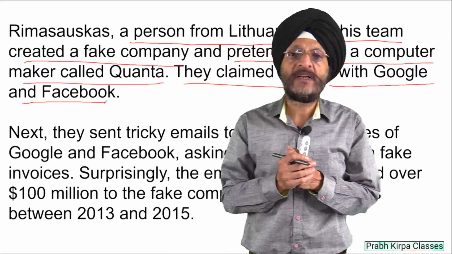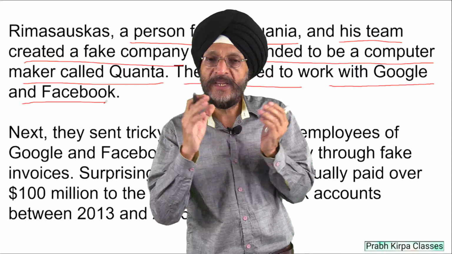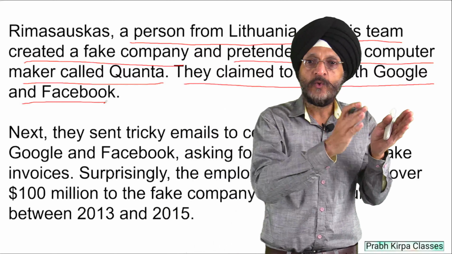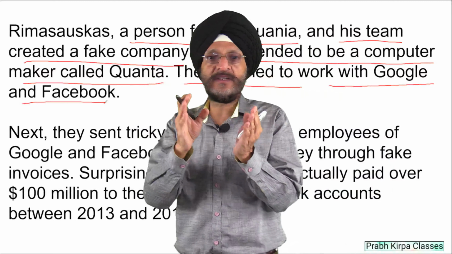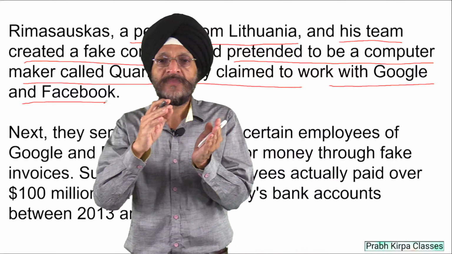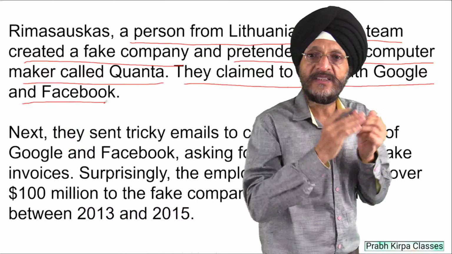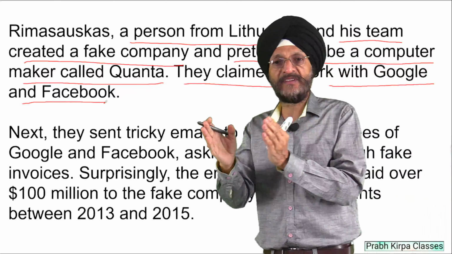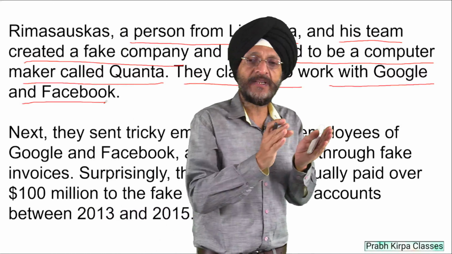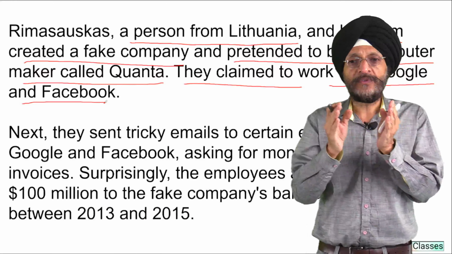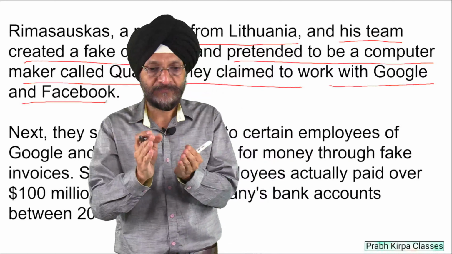We may tell you that a company from Taiwan, namely Quanta, was working with Google and Facebook, and the said organization Quanta was supplying services or products to Google and Facebook. That is, that Taiwanese company was having a relationship with Google and Facebook, and the cyber criminals were aware of this fact, and so they created a fake company.